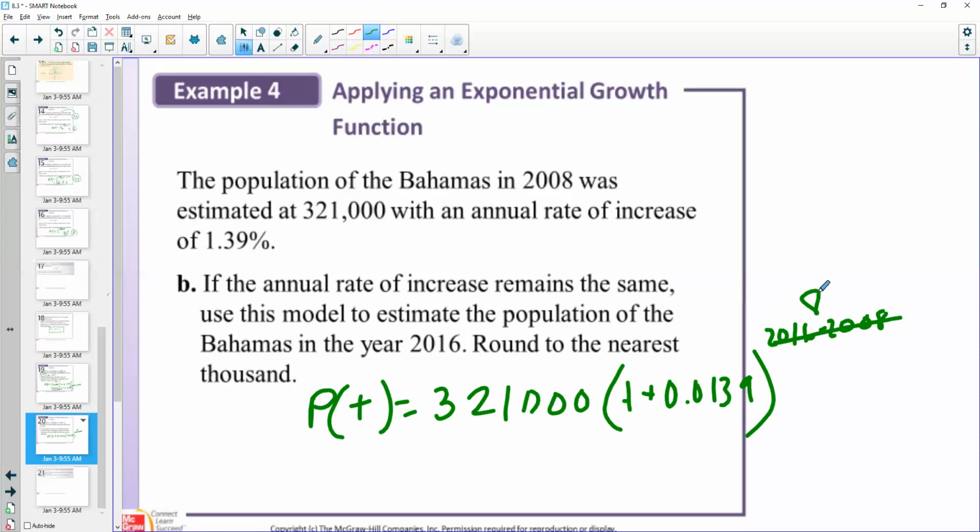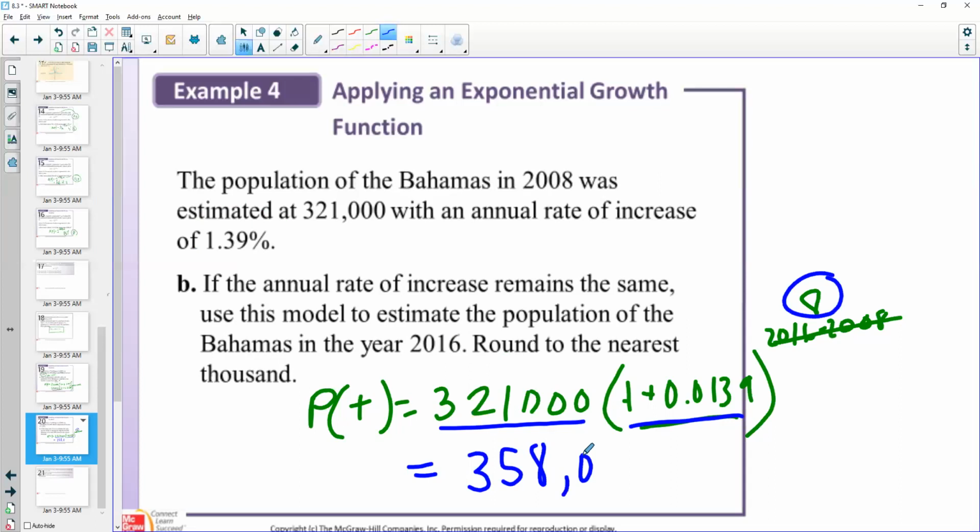Now you use your calculator. So you do what's in parentheses first, 1 plus the decimal, 0.0139, to the 8th power, and then multiply that to 321,000. That's going to get you a population probably of 358,000.